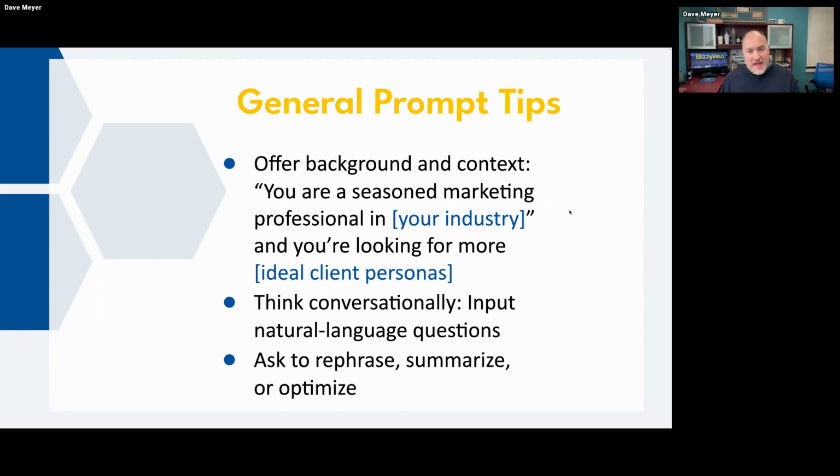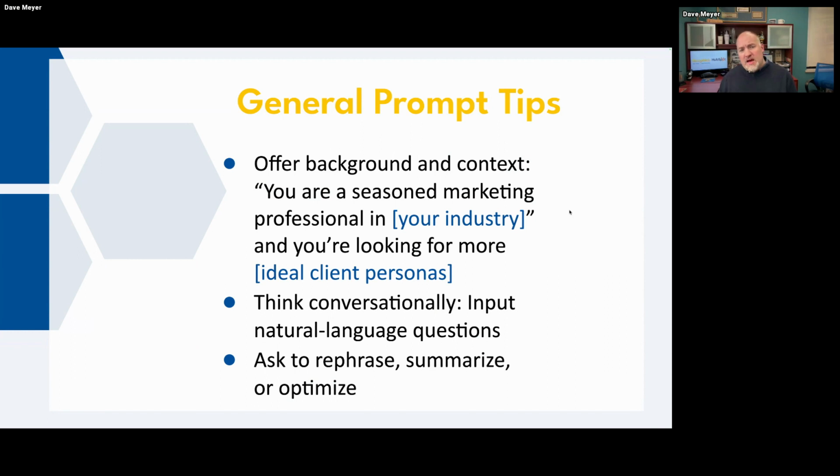So offering background and context is always helpful. You are a seasoned marketing professional in blank, your industry, and you're looking for whatever that is. This is you telling the robot what its persona is.